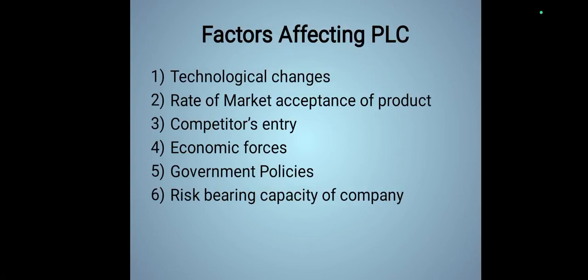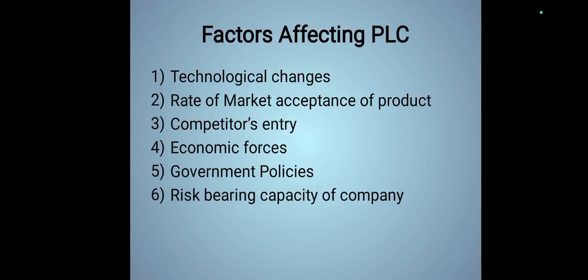Secondly, there is the rate of market acceptance of the product. If the consumers are not accepting your product due to various reasons, the pricing or the quality or maybe the quantity, then also your product will have to go through these stages and face a decline.